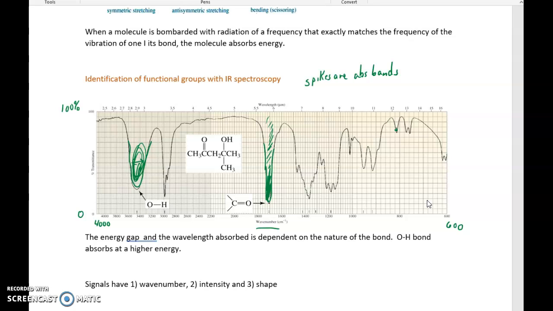This band here only absorbs about 20%. So we have wave number, we have intensity, and we also have shape. I've kind of messed this up, but you can see that this one is wide and this one is narrow. Hopefully you can still see that. And the shape is going to be characteristic of certain functional groups.